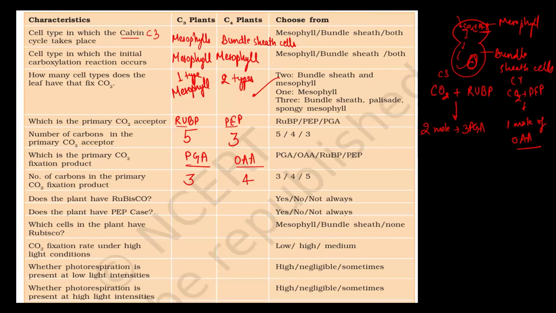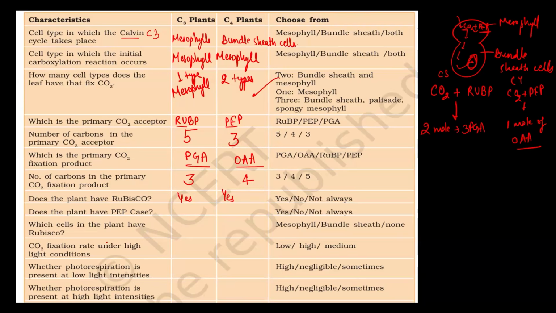Now, the next question is, does the plant have rubisco? So we know this rubisco is universal. It is present in all types of plants. So C3, C4, CAM, in all types of plants, this rubisco is present because this rubisco ultimately leads to the Calvin cycle. And Calvin cycle is a universal cycle. So both of these plants have rubisco.